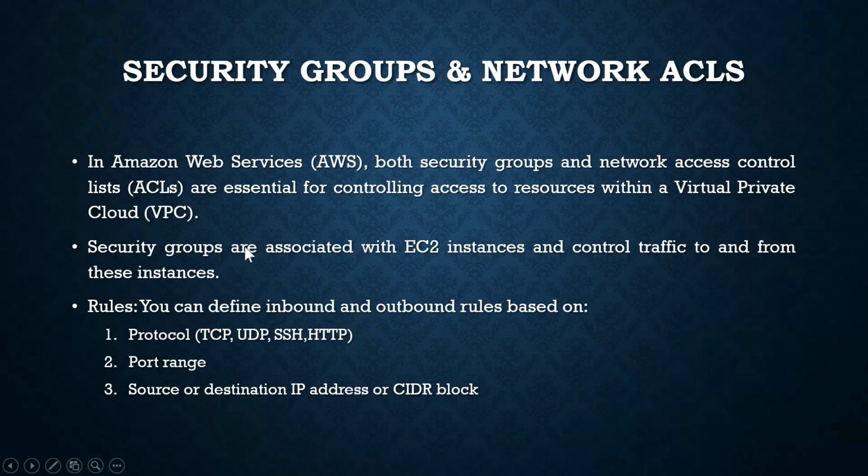If you want to create a security group, you have to follow these rules. Firstly, you have to mention the protocol like TCP, UDP, SSH, or HTTP. And you have to mention the port number and also a source or destination IP address or the CIDR block.